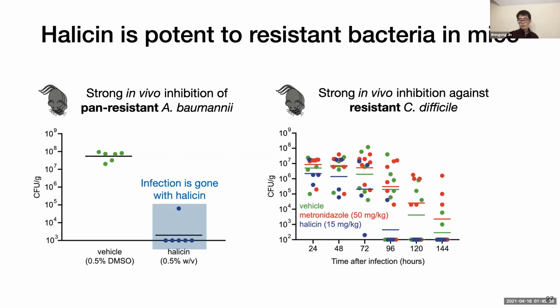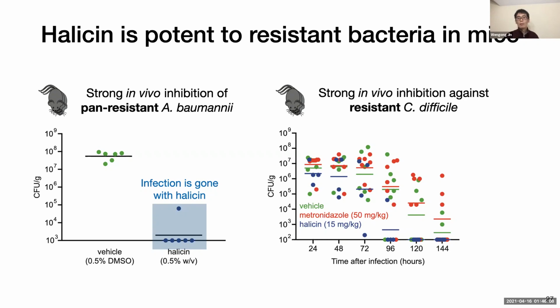Yeah, that's a good question. I don't have a good answer for it, because we still do not know what the new representation was that facilitated the discovery of halicin. We will do this in the future. Okay, great. Thank you.